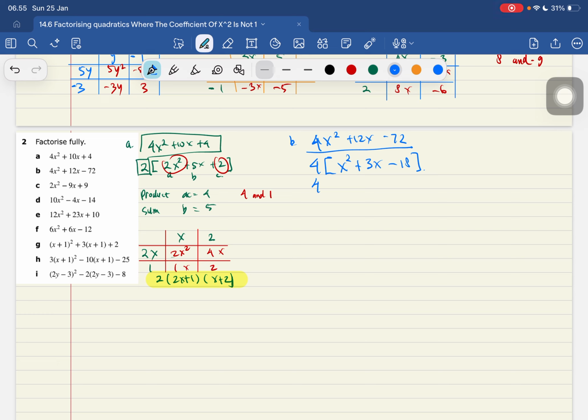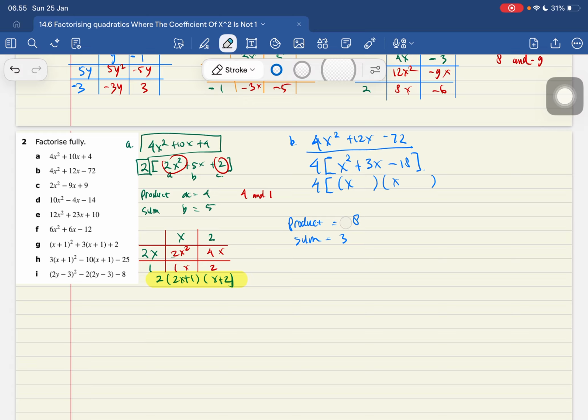So 4 is going to be x. We need to find two numbers when the product is equal to minus 18, the sum equal to 3. Minus 18 and 3.